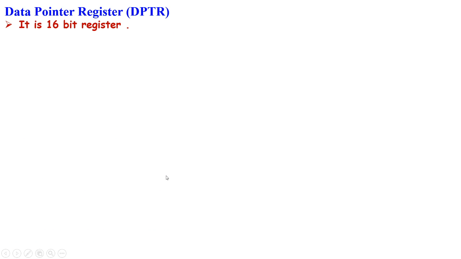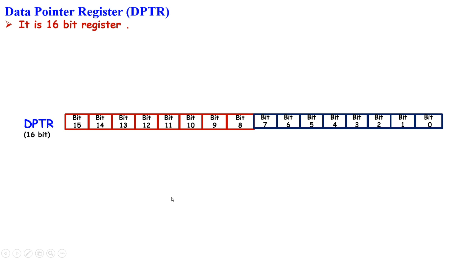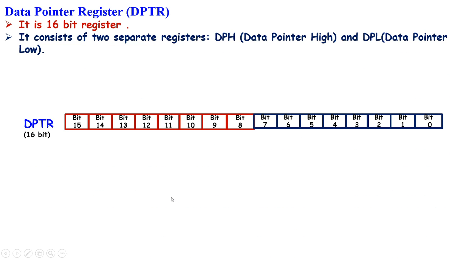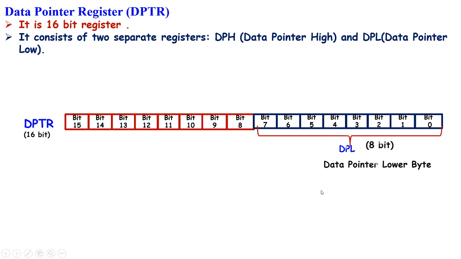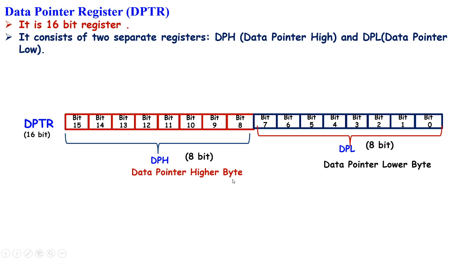Okay, so let us discuss the data pointer register. The data pointer register is a 16-bit register and it is split like this. It consists of two separate registers: data pointer higher byte and data pointer lower byte. So this is bit 0 to bit 15, total 16 bits distributed like this: the lower data pointer register DPL, 8 bit, and the higher data pointer byte, DPH, 8 bit.